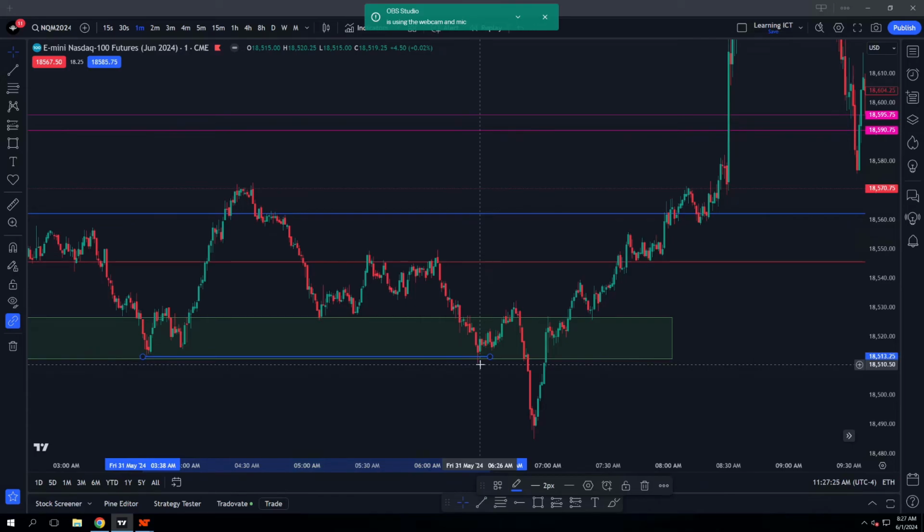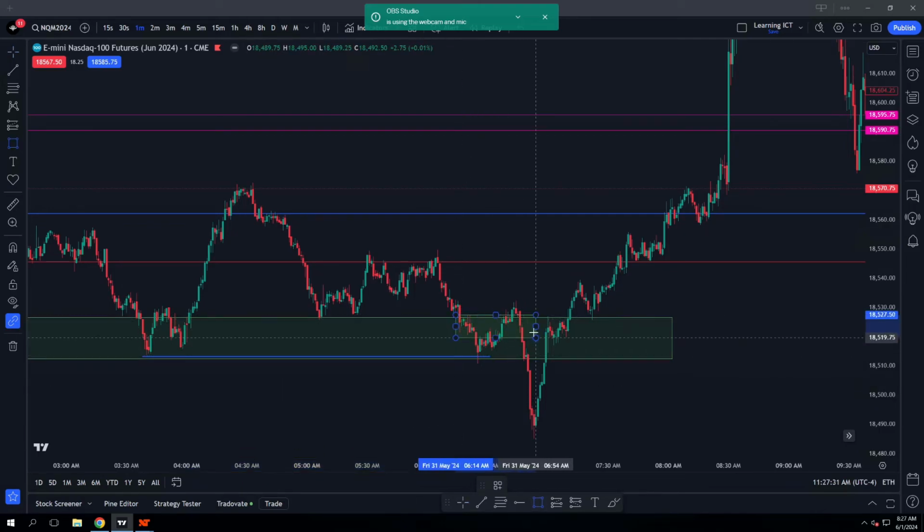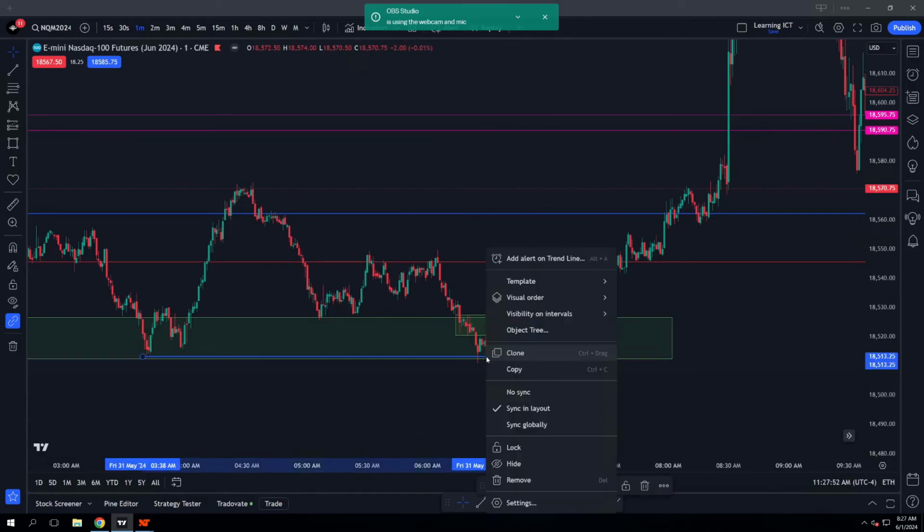And created a market structure shift because this was a breaker to me, bullish breaker. So I put like two contracts here, and my exit was in this propulsion block, but unfortunately the price went down. So I took a loss there. I took an L.